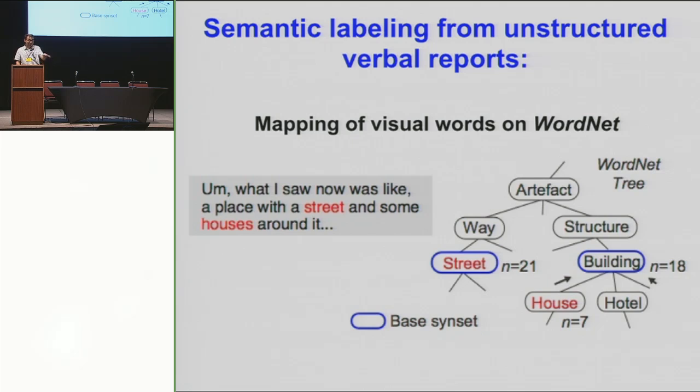It has a hierarchical structure like this. So we can use this to find some major categories. For instance, if the occurrence of a particular word is very few, you can merge them into more general terms.